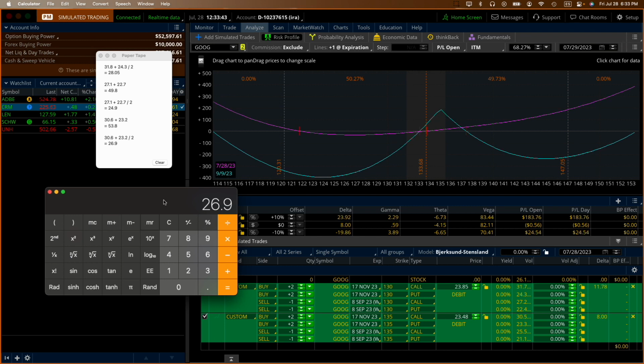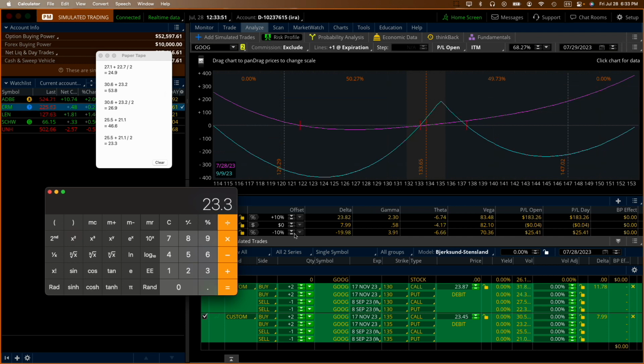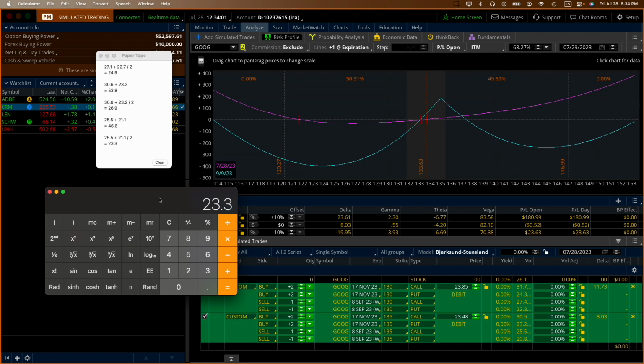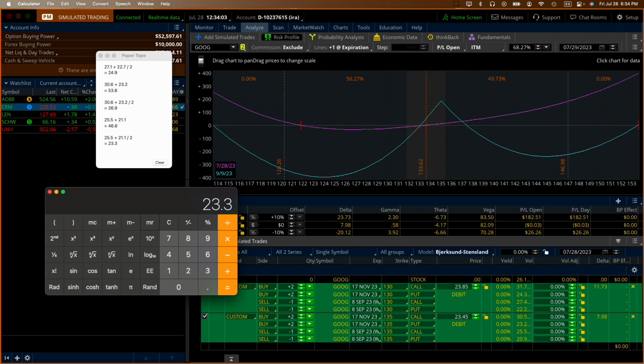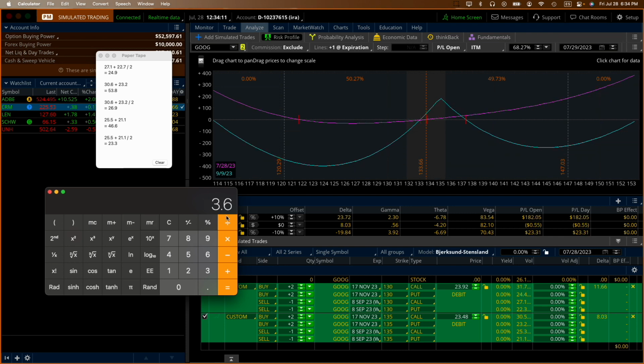Let's put it in memory, and then 25.5 plus 21.1 divided by 2. What are these numbers? Right here in the bottom right corner. These are the volatilities of all the legs of all the options we intend to purchase, okay? Okay, so we subtract from memory and then memory recall 3.6.